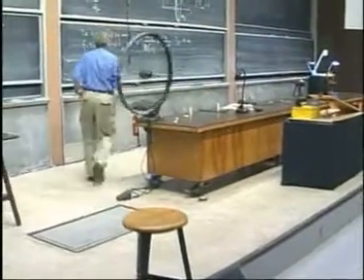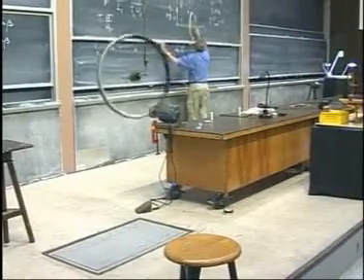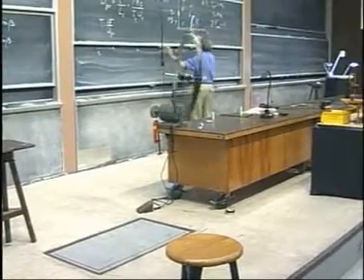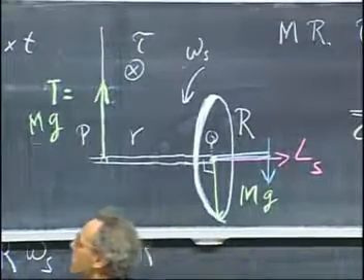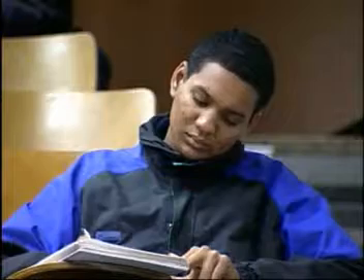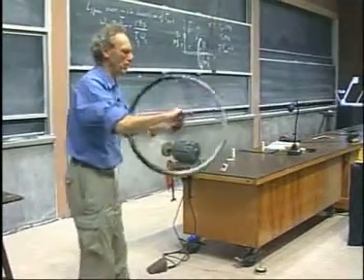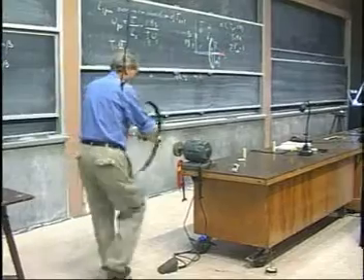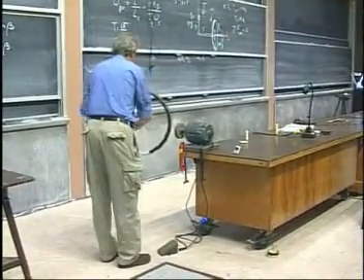I can increase the torque by putting some weight here on the axle, which actually extends in our case, and then I actually add to the torque, and then you will see that it goes faster. The precession frequency goes up. So I will put some weight on there.